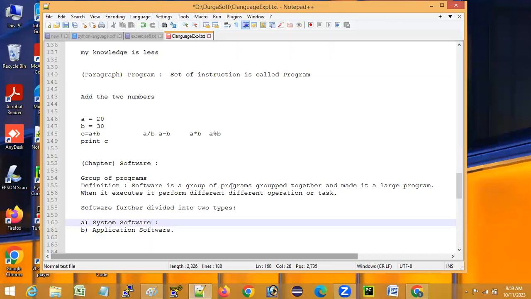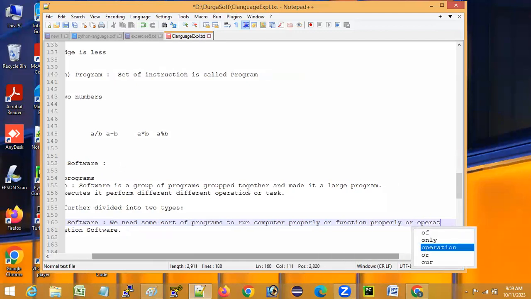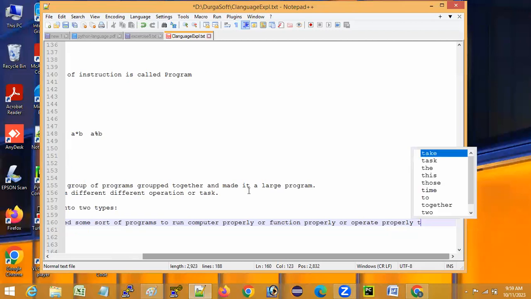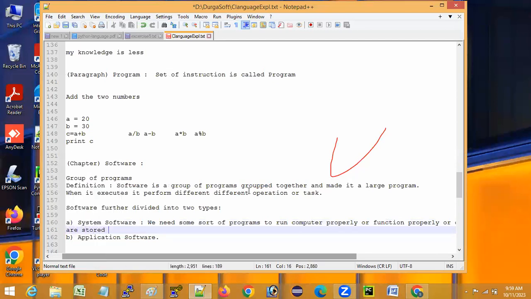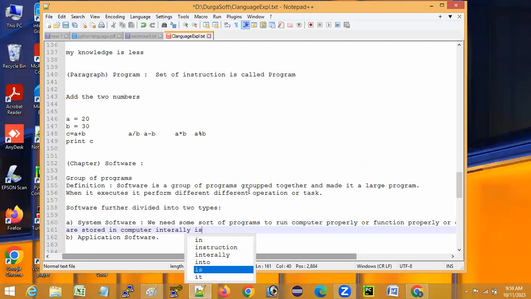System software is nothing but some sort of programs to run the computer properly, or function or operate properly. Those programs are stored in the computer internally and are called system software.